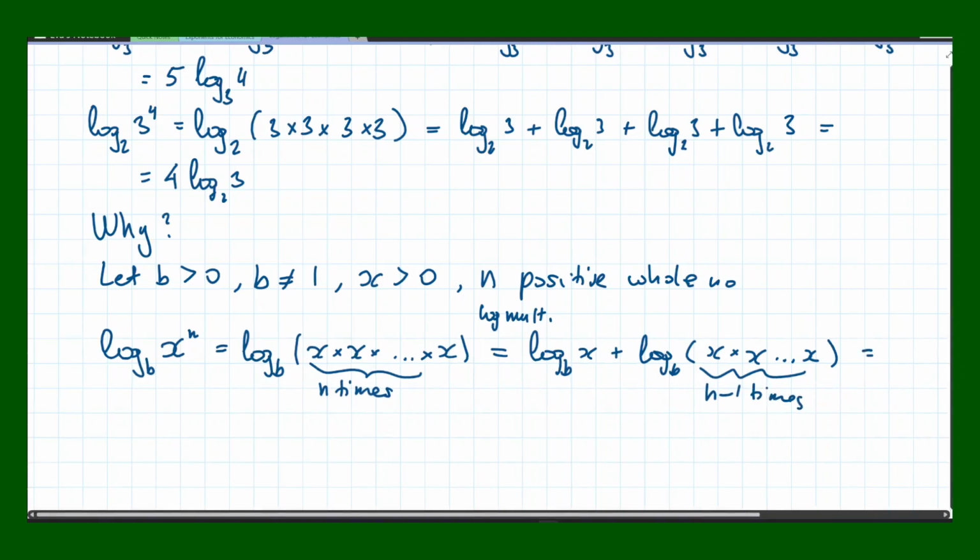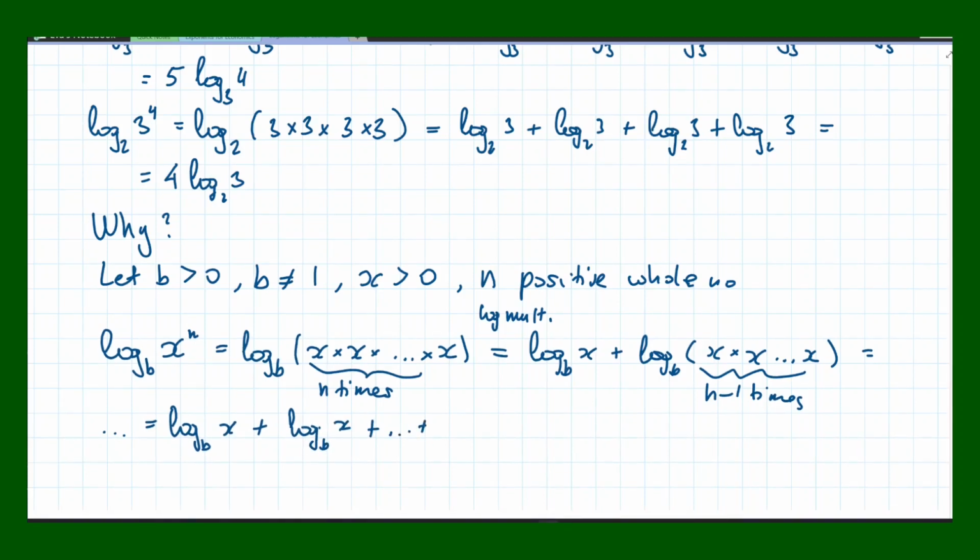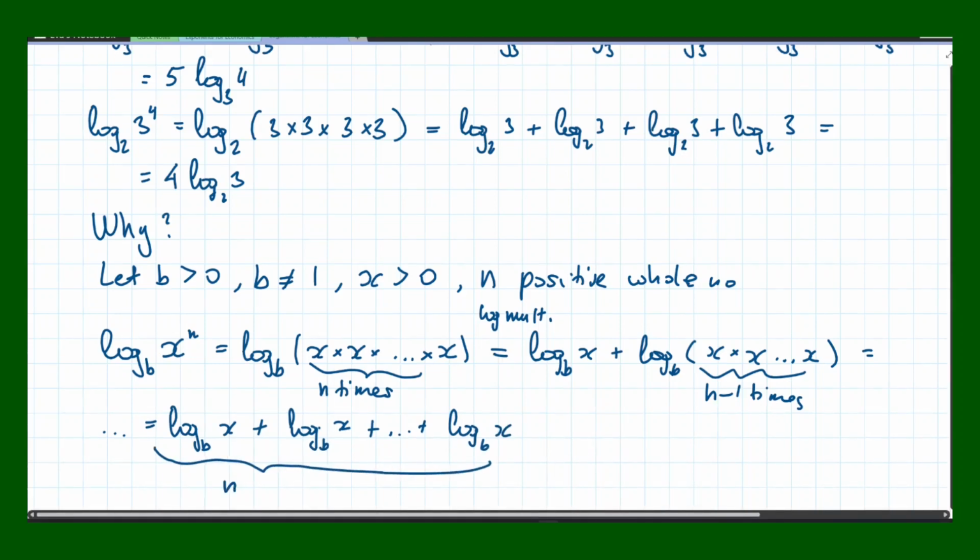And then I keep doing this, and eventually I'm going to end up with log base b of x plus log base b of x plus log base b of x, and again I have it now n times.